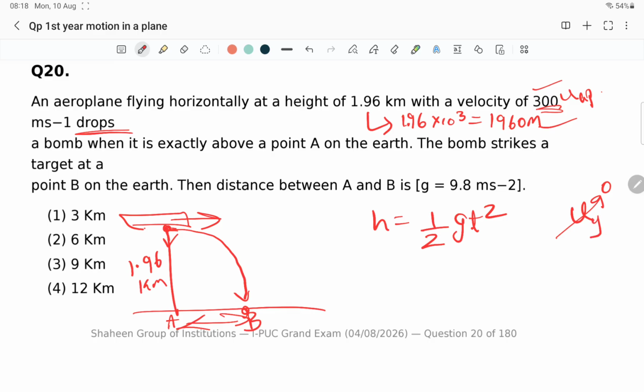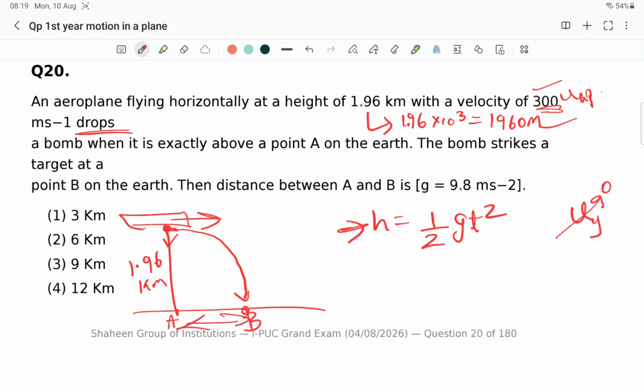Okay, uy is 0 because we are talking about height. Ux actually is 300 meters per second. Uy is 0 because when you are dropping the bomb, when the aeroplane is flying horizontally its velocity is 300. Vertically, we have nothing. We are dropping, so the velocity uy is 0.